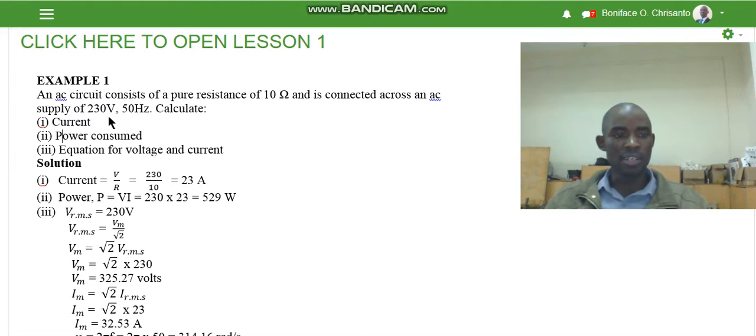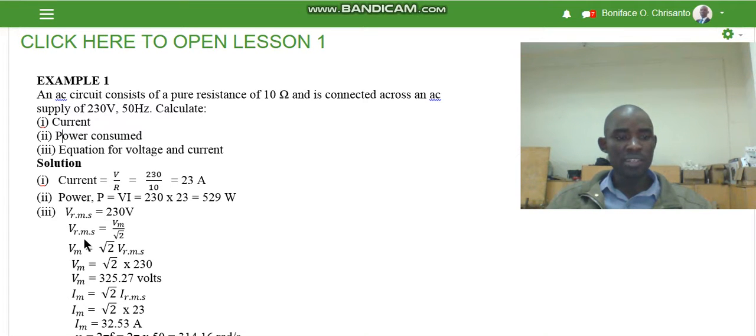You need to know that the values that are always provided within an AC circuit are root mean square values. So the root mean square value of voltage is 230 volts.